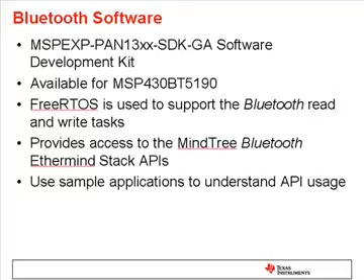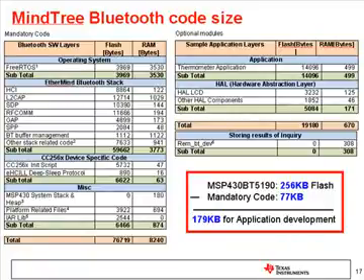The size of the code, just to give you an idea. On the left side, you'll see the mandatory code that's required. For the EtherMind Bluetooth stack, the code is about 60K. There's some device-specific code, which is about 6K, and some miscellaneous files. So total about 77K that's required to run on your host like MSP430 or Stellaris.